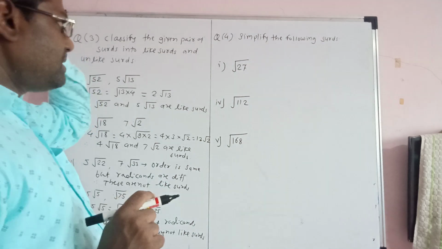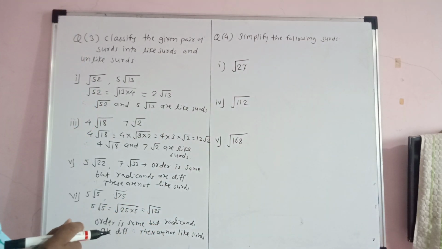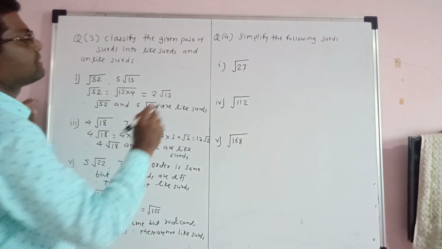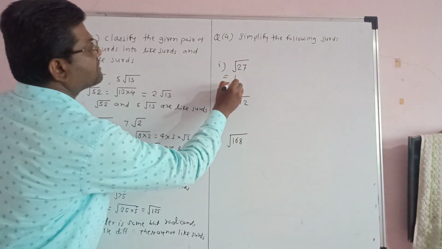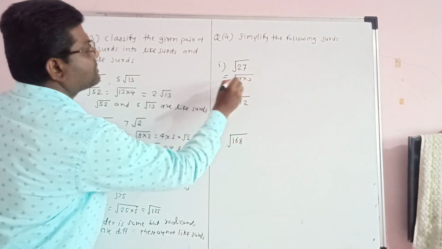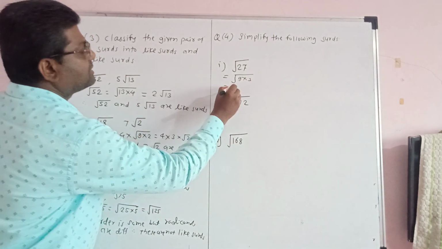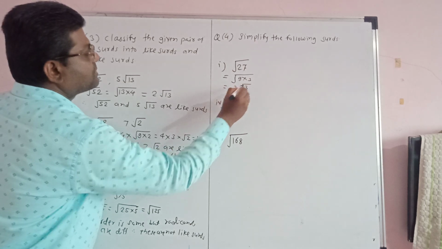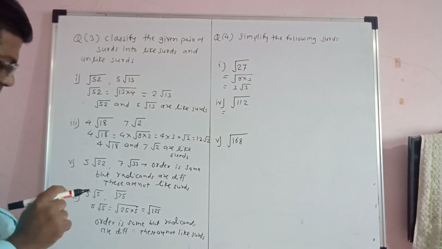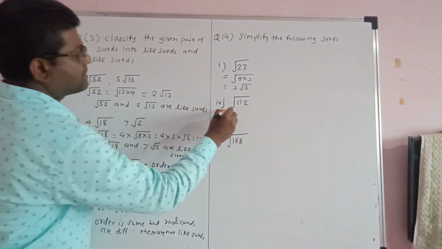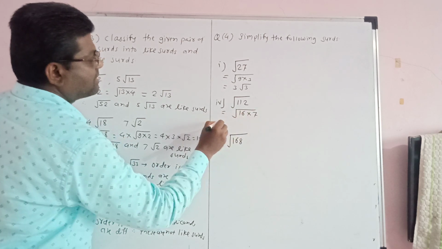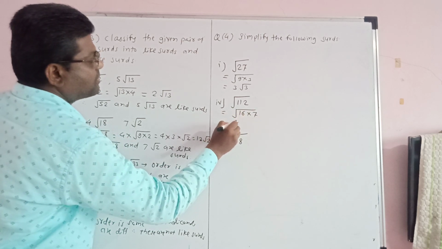Now simplify the following surds. Square root of 27 can be written as 9 into 3, which is equal to square root of 9 is 3, so it will be 3 root 3. Now square root of 112 can be written as 16 into 7, and square root of 16 is 4.